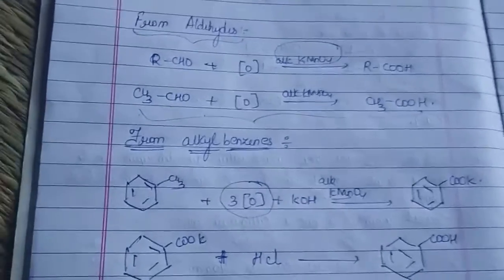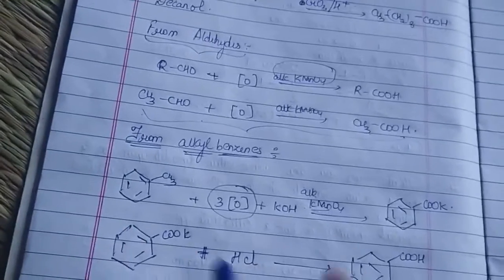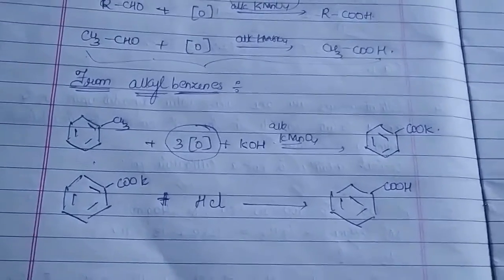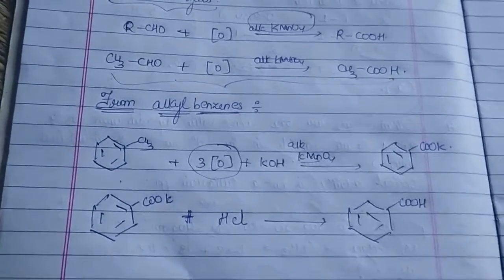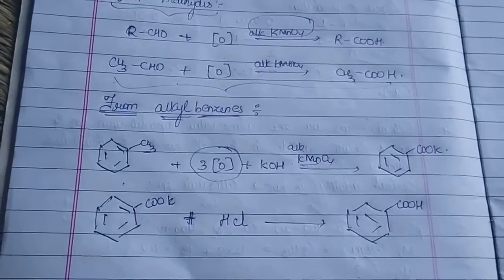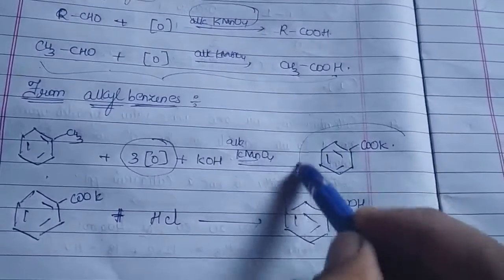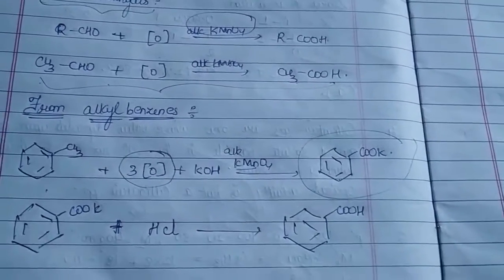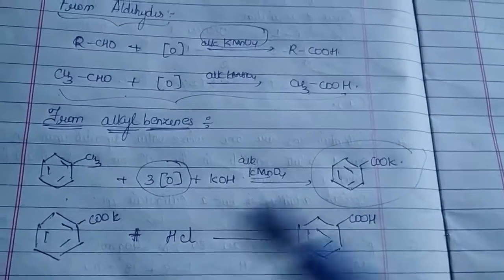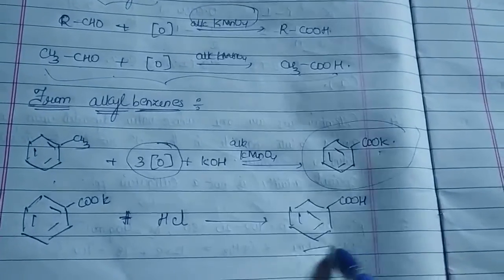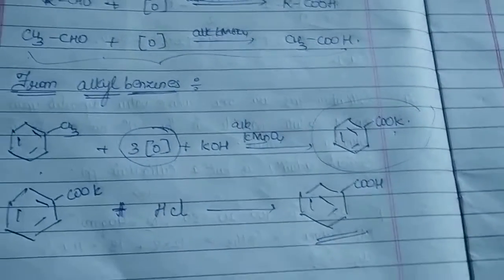So this is the actual funda by which we can convert alkyl benzenes to benzoic acid. First of all, you have to oxidize your alkyl benzene in the presence of KOH and alkaline KMnO4. First it gets oxidized to the potassium salt of benzoic acid. Then on acidification of this potassium salt, we will get the corresponding benzoic acid.